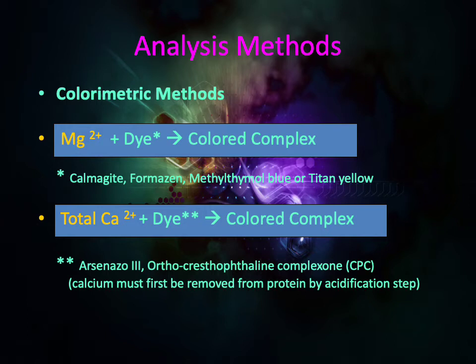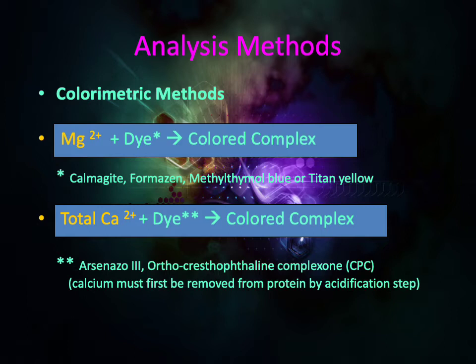Colorimetric methods are commonly used for the measurement of magnesium and calcium. The principle of the reaction is simple. Calcium or magnesium combines with a specific dye, resulting in the production of a colored complex that can be measured spectrophotometrically. Common dyes used for measuring magnesium include calmagite, formazan, methylthymol blue, and titan yellow.